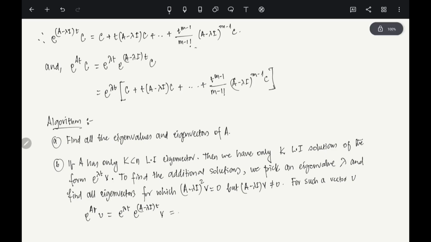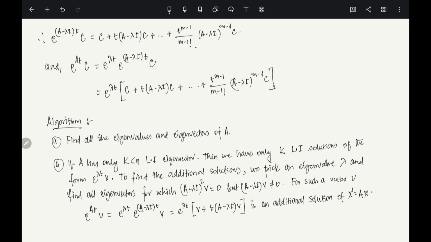This is nothing but e power lambda t times (v plus t times (A minus lambda I) times v), because the square term and everything after it is going to be 0. So this will be an additional solution of x prime equals Ax.